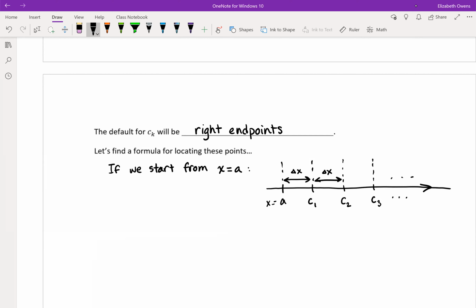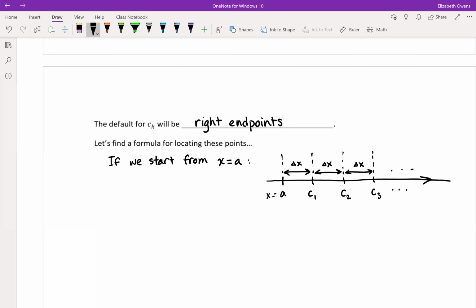Delta x, delta x, and that pattern would keep repeating. If you want to draw a couple more rectangles, no problem. So let's come up with the formula for these first couple of right endpoints.